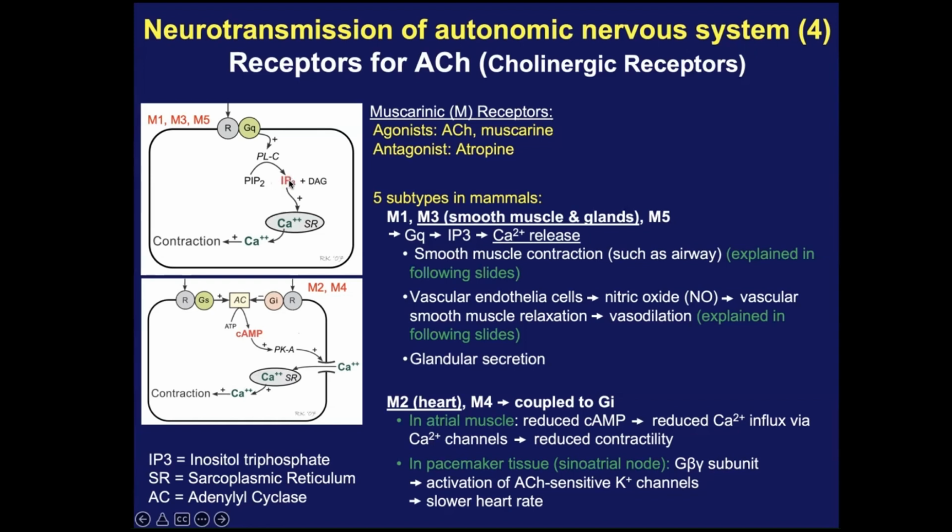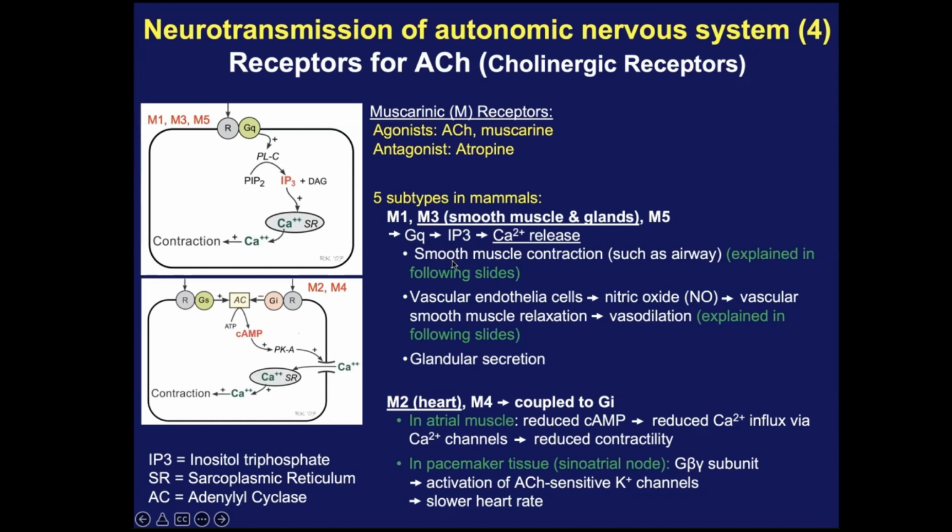It's a small molecule in the cell. And when the IP3 level in the cell is increased, it binds to IP3 receptors on the membrane of the SR. SR means sarcoplasmic reticulum. The major function of SR is to store calcium in the lumen of the SR. And when the IP3 binds to its receptors on the SR membrane, it will cause the release of the calcium from the lumen of the SR to the cytosol of the cell, causing increased calcium level.